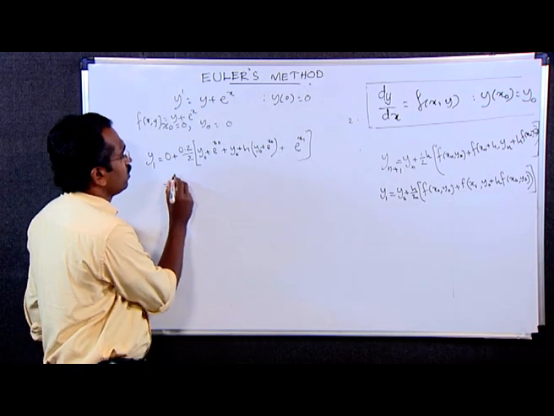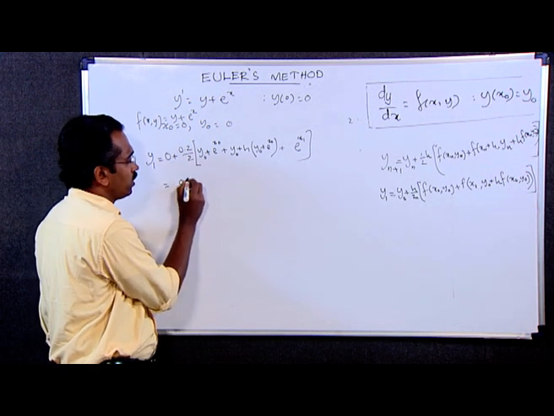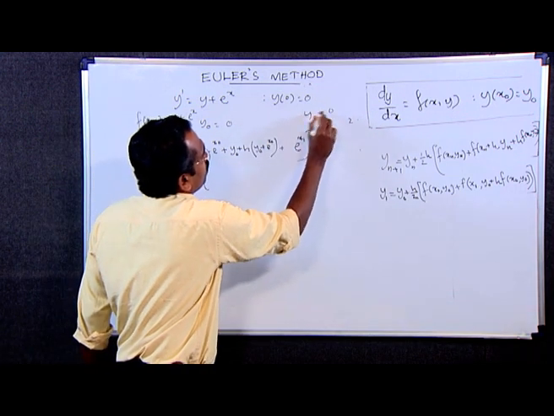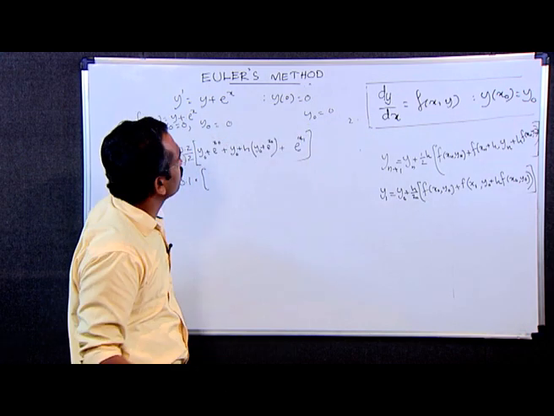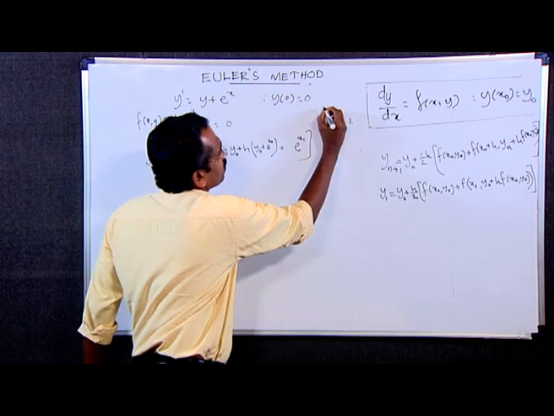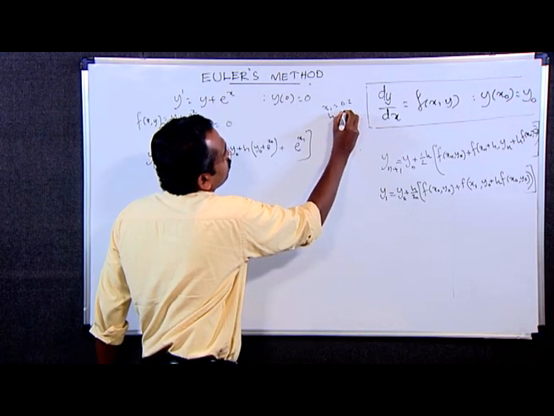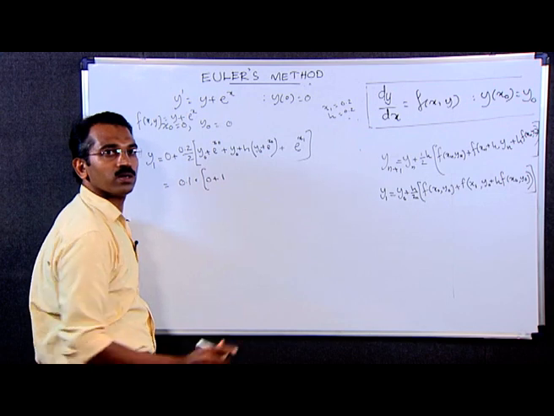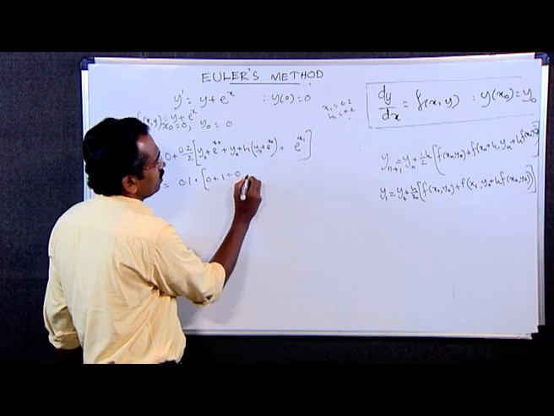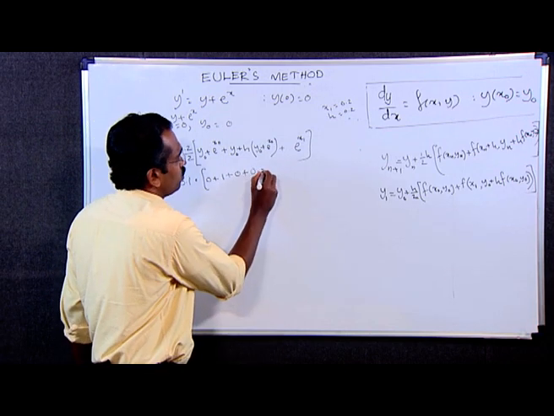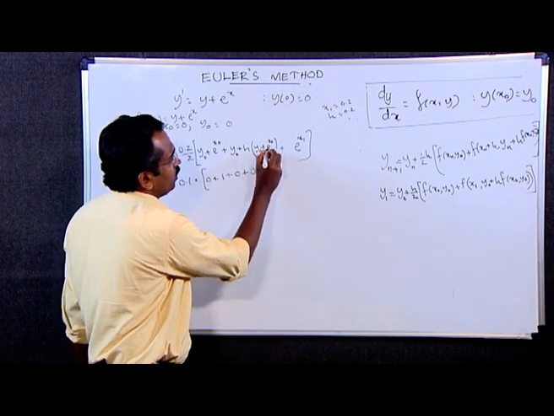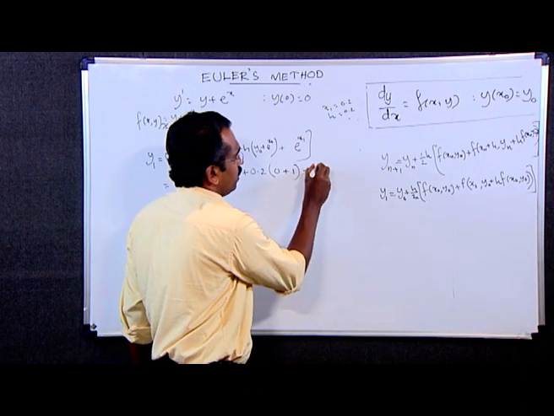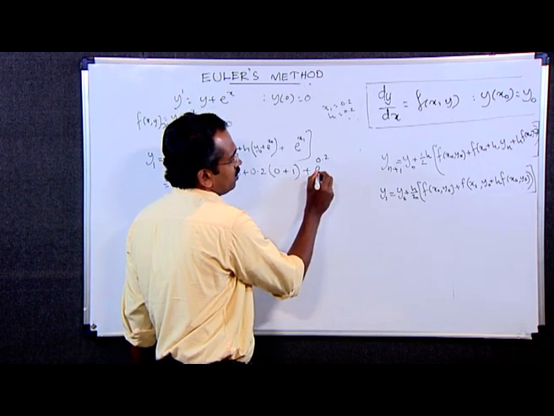That is equal to 0 plus 0.2 by 2 means 0.1 into, y naught is 0, x naught and y naught are 0, x1 is 0.2 and h is 0.2. 0 plus e raised to 0 means 1, plus y naught is again 0 plus h is 0.2 into y naught plus e raised to x naught, that is 0 plus e raised to 0 is 1, plus e power x1 is 0.2.